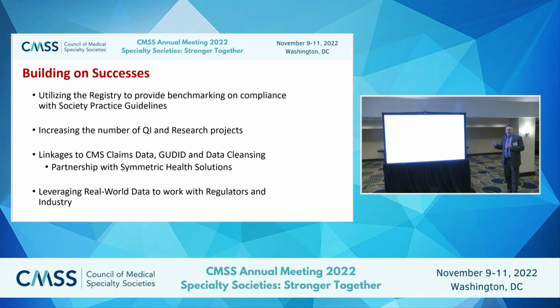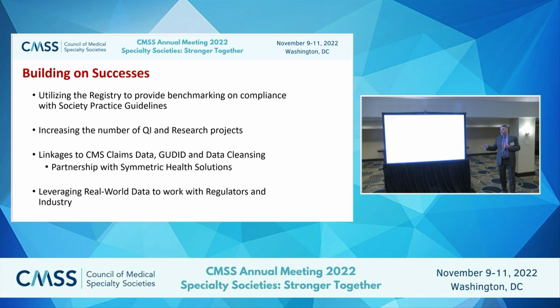About 2 years ago, we started making sure that the registries are designed to collect data elements for high-level evidence measures in the society's guidelines. Then we're able to measure that in the registry and provide feedback reports to the centers and at the physician level, so they're actually tracking compliance with the guidelines.